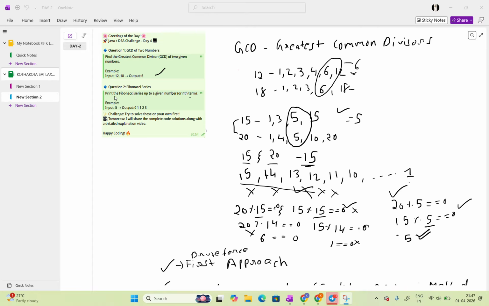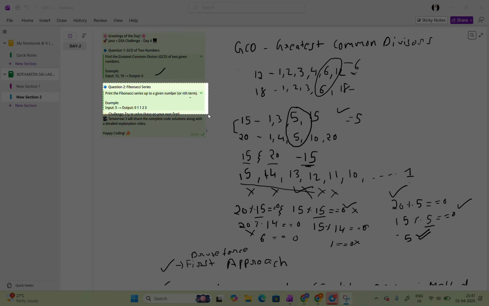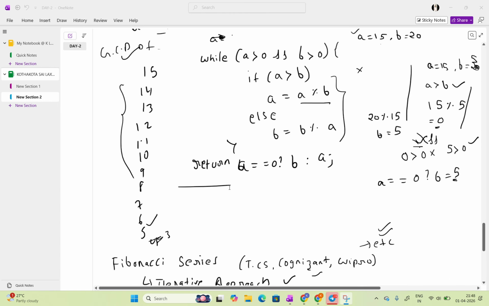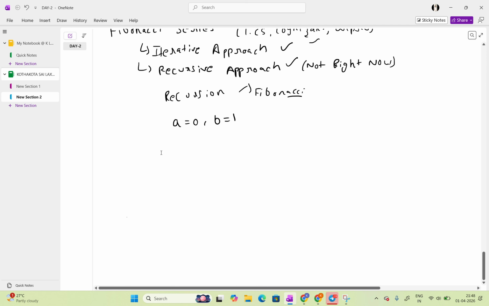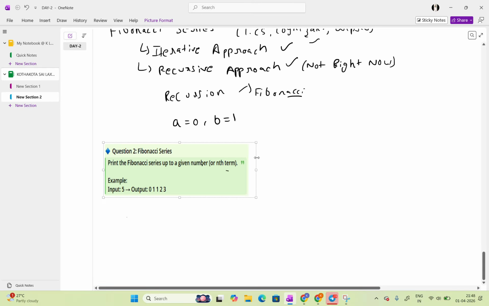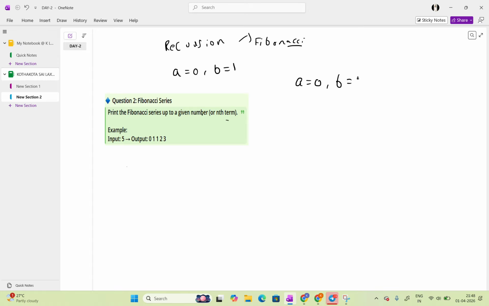I'm going to take a screenshot of this to get clarity. So for the Fibonacci series, initially a is equal to 0 and b is equal to 1.